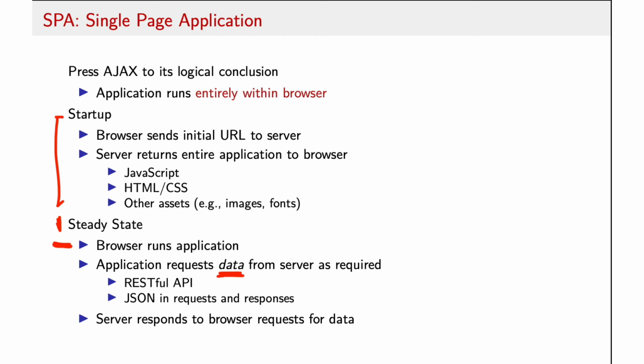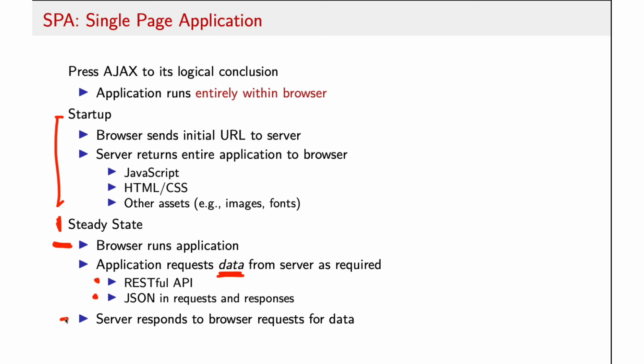So this is where our RESTful API comes into the picture. All of the information that the user interface running this single page application is going to have access to is going to be delivered over the RESTful API, and it's going to use JSON instead of XML, as we've been talking about. It's going to use JSON as the format for receiving information from the server, as well as for sending information to the server when we want to, for example, post information about a new entity that needs to be created in the database.